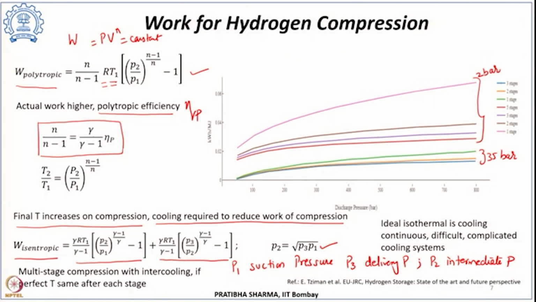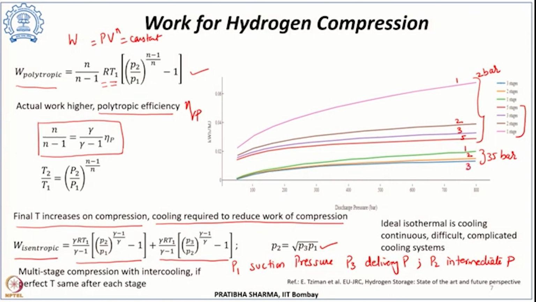For 2 bar, up to 5 stages have been considered: 1 stage, 2 stage, 3 stage and 5 stage compression. For 35 bar, 3 stages have been considered: 1 stage, 2 stage and 3 stage.